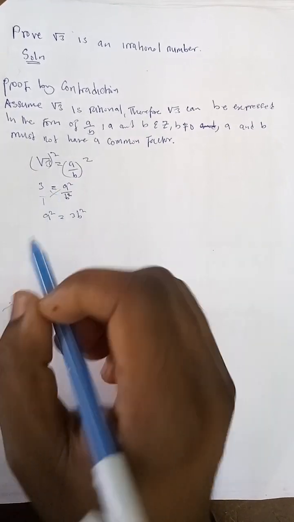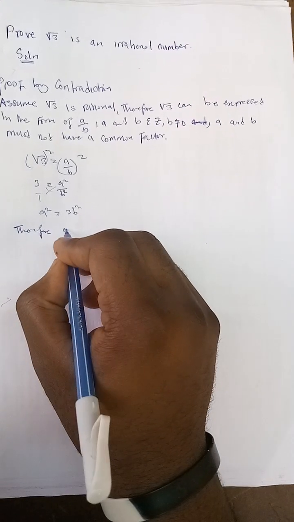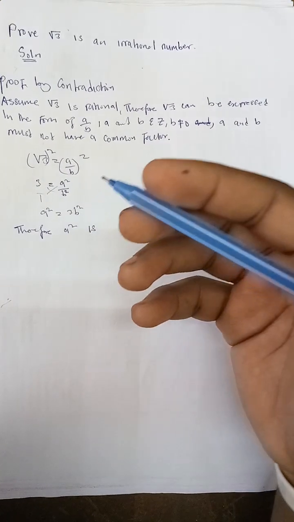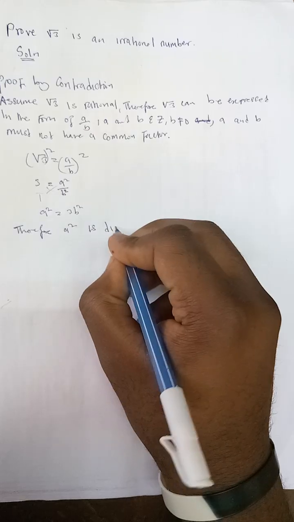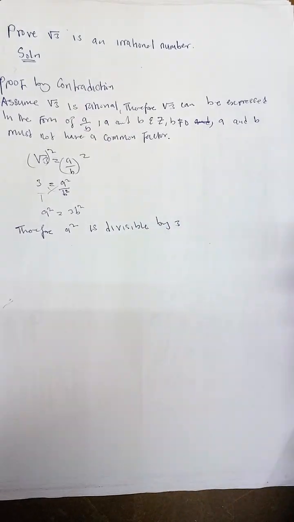This statement simply means, therefore, that a squared is divisible by 3, or 3 is a factor of a squared.